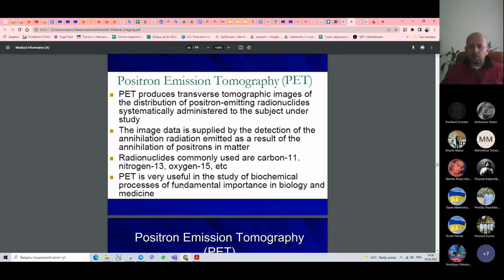Radionuclides commonly used are carbon-11, nitrogen-13, oxygen-15, and others. Positron emission tomography is very useful in the study of biochemical processes of fundamental importance in biology and medicine.